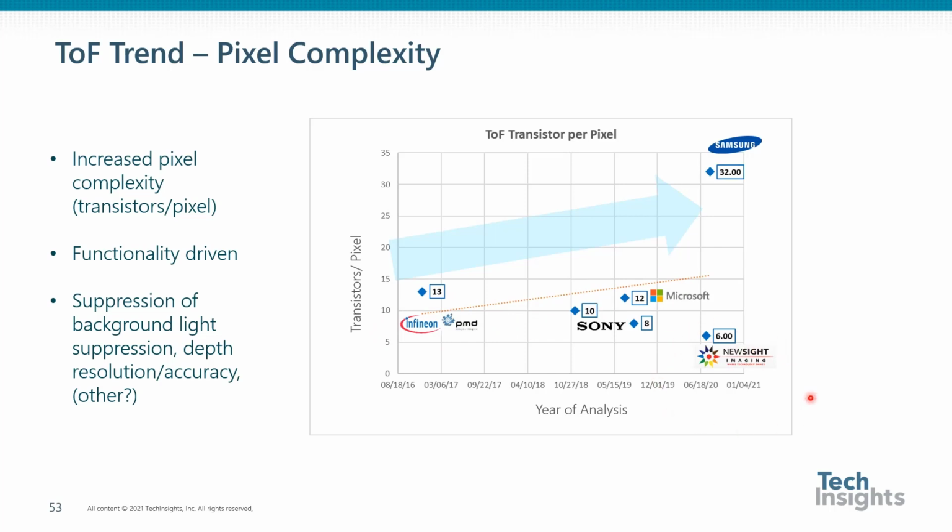If we look at new entrants, there's new site imaging here that has a very simple pixel architecture, 6 transistors per pixel that focuses on lower power consumption. Samsung, on the other hand, has introduced a 32 transistor per pixel, and this is a 4-tap pixel design, so more complex. And the intent here is for improved performance. At the end, it will be a question of a compromise between performance and power considerations.